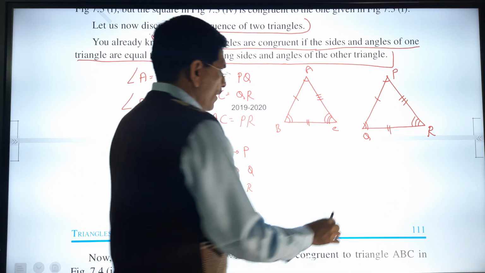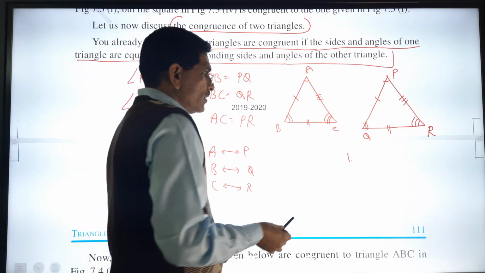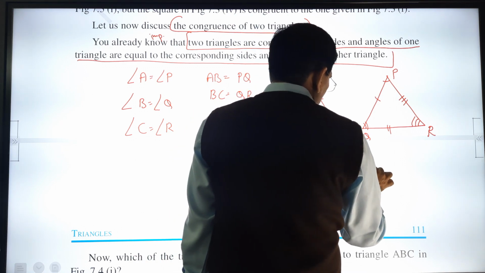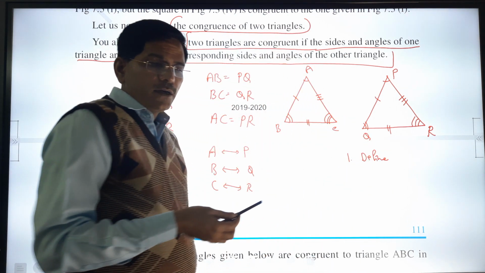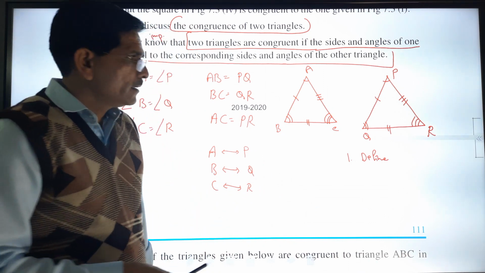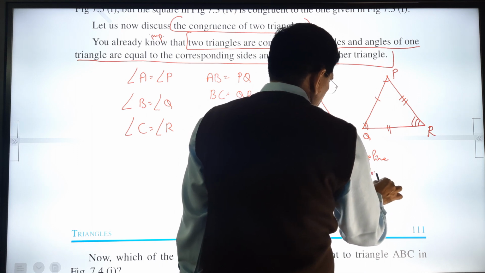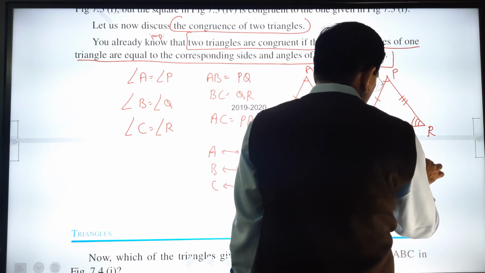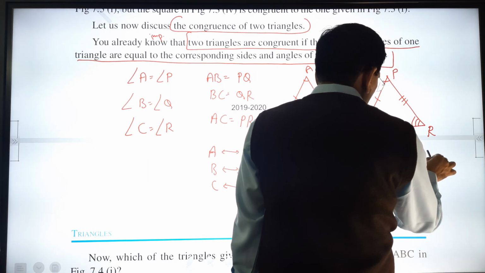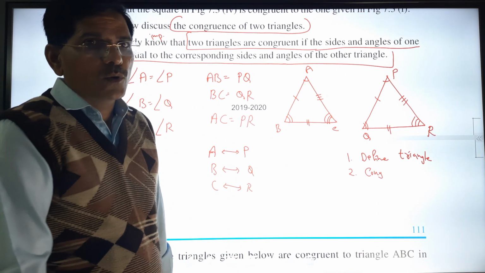So in the first page, we have discussed the definition of a triangle, which you have to write, along with points about the triangle. In the second, we discuss the definition of congruent.